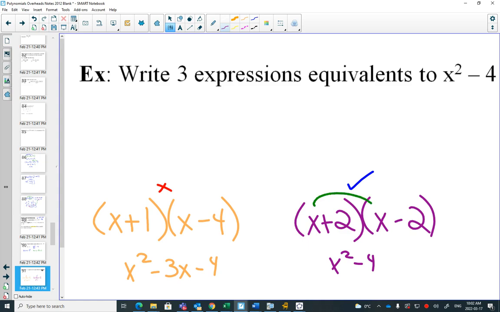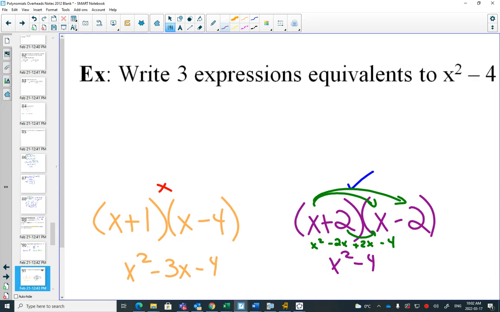X times x is x squared. X times minus 2, x squared, negative 2x. Good. 2 times x is plus 2x. Oh, and then 2 times negative 2 minus 4.